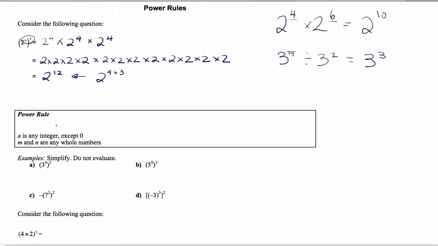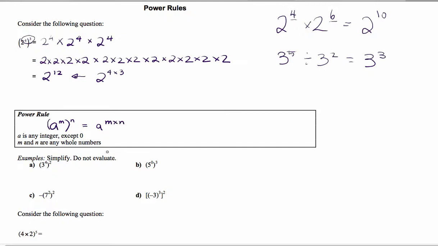So if we have any integer a, as long as it's not 0, and we raise it to the power of m, and then that whole thing, which is a power, is raised to another exponent of n, those are both whole numbers, then we can simply say that a is raised to the power of m times n.